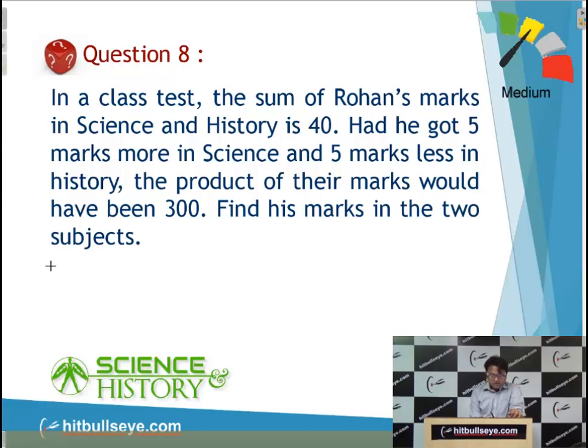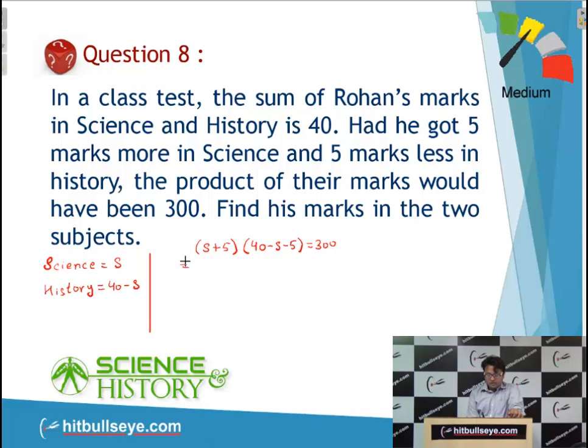Here I am assuming the marks of Rohan in science as S and in history as 40 minus S. Also, we are given that if he got 5 marks more in science, that means S plus 5, and 5 less in history, that means 40 minus S minus 5, the product is 300.